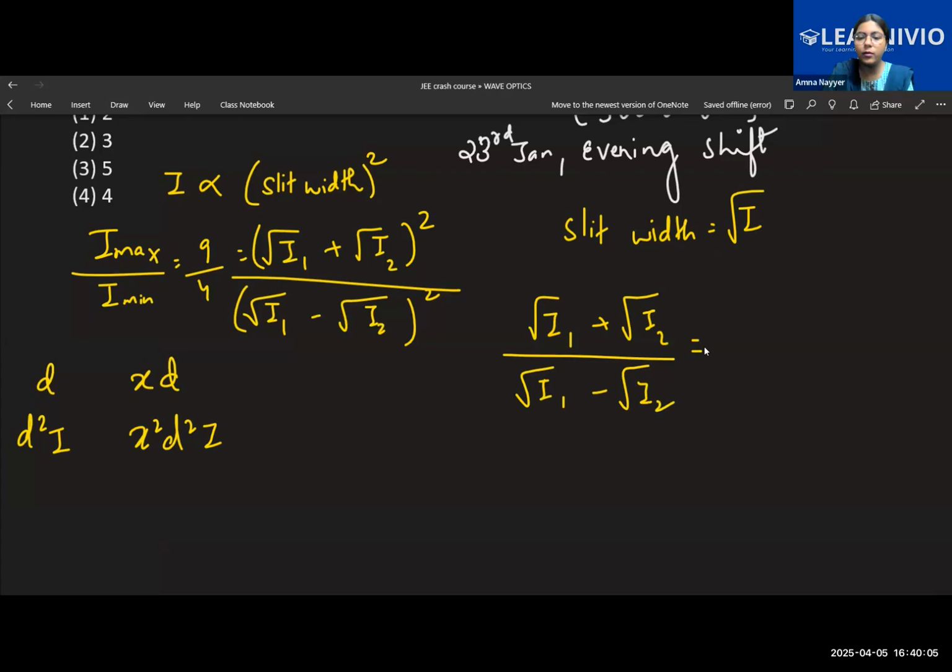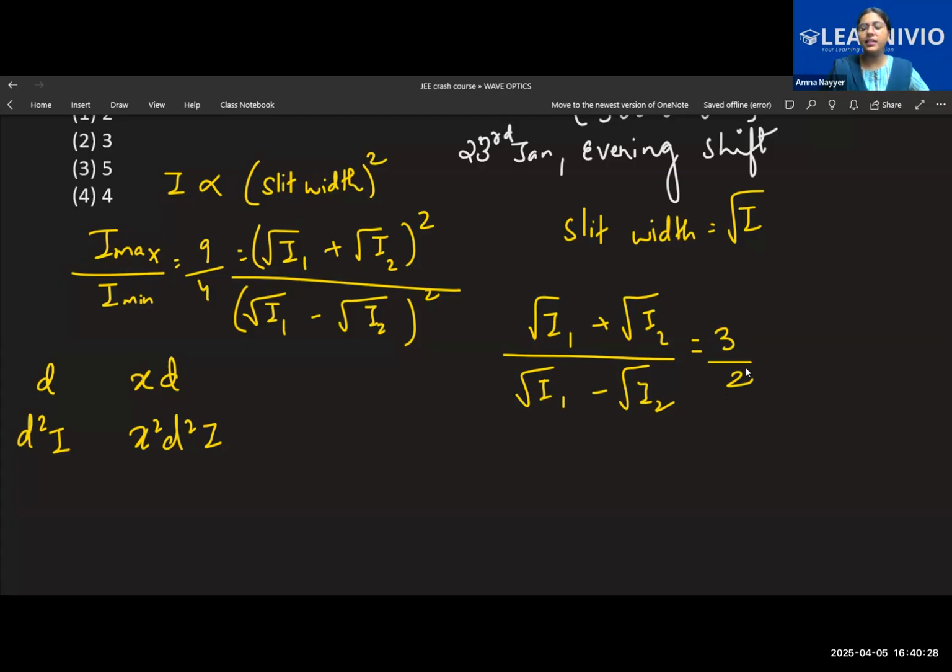What will it be equal to? 81 by 16 under root. It will be equal to, yes, Meera? 3 by 2. 3 by 2, right. 9 by 4, so the root will be 3 by 2, correct.